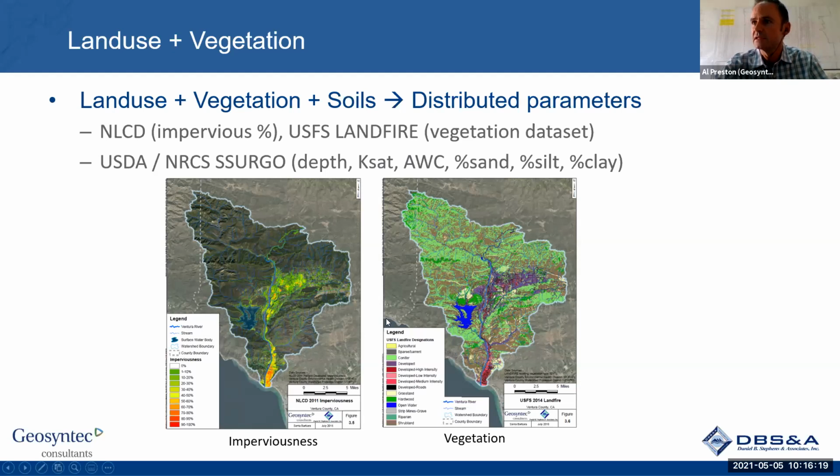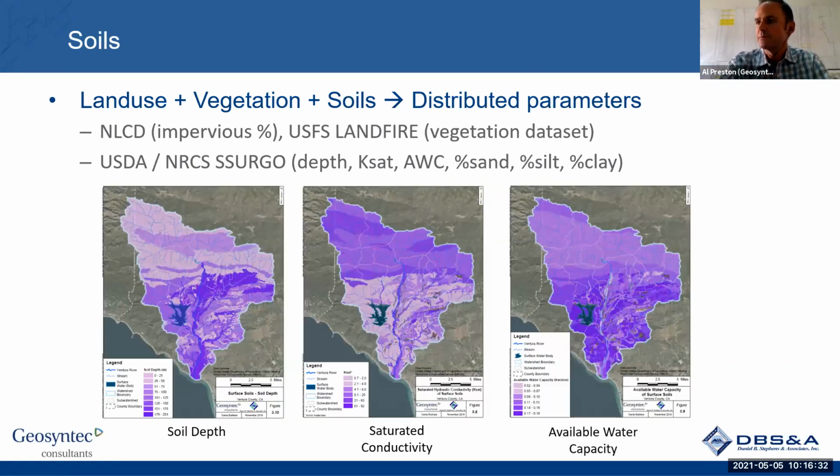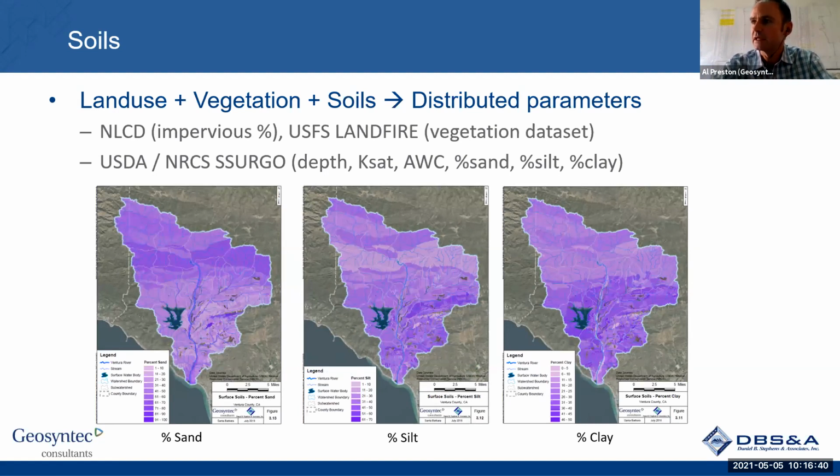We've got percent impervious data from the National Land Cover Data Set. We've got vegetation types from the US Forest Service. We've got soil depth, soil conductivities and available water capacity from SSURGO. We've also got percent sand, silt, and clay.